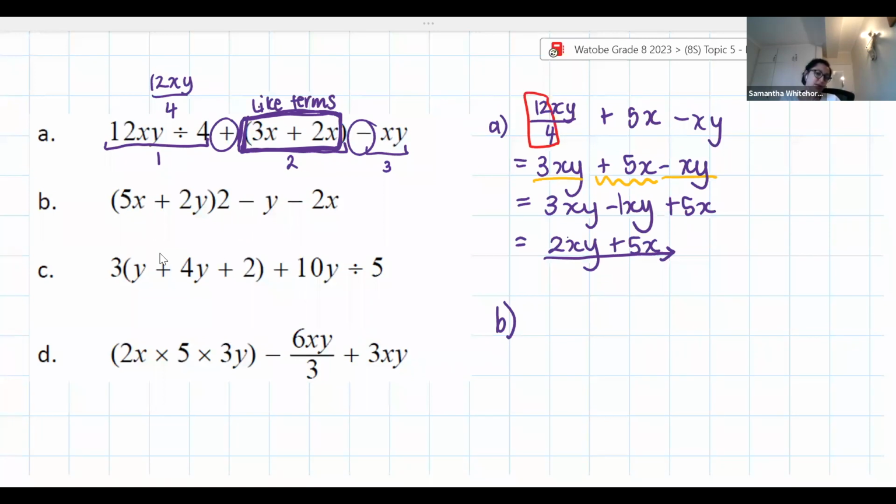Identify your terms, simplify each of your terms, and then only do we add and subtract our terms. And remember, put your answers on the chat so we can see how you're going. Any questions that you have, also pop them on the chat and we'll help you.